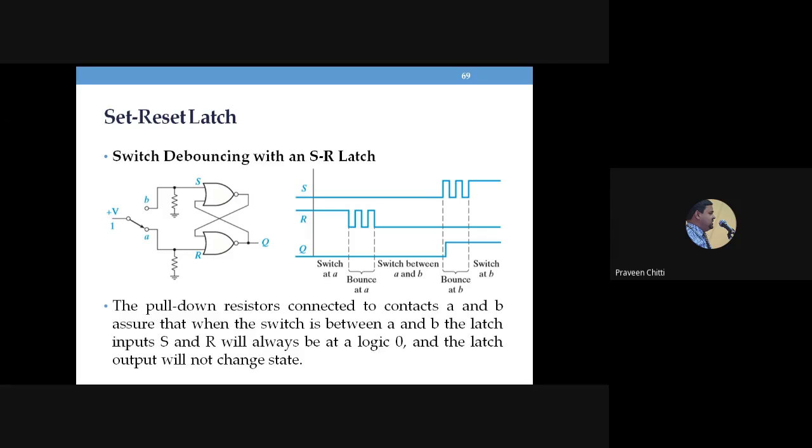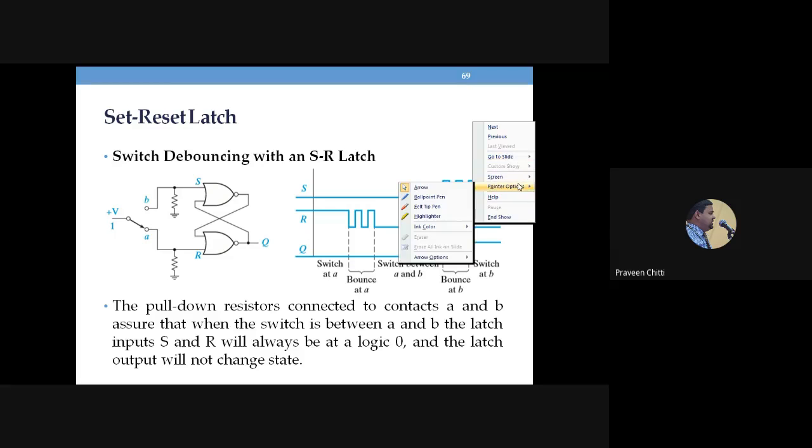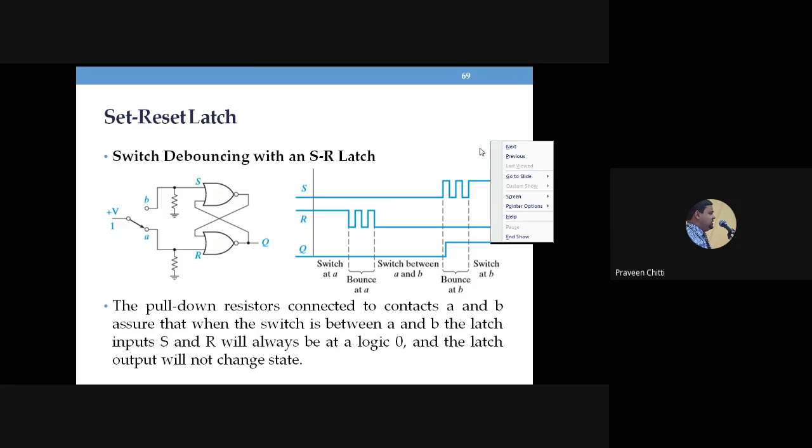So these pull down resistors ensure that both inputs, A and B, are connected to ground. In the absence of any input, S will be 0, R will also be 0, and whatever the output of this latch is, the latch will remain in the same state.